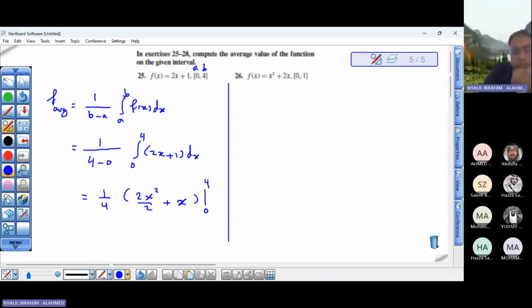We have cancellation here, as you see, cancellation to 2. Then substitute in the upper: 4 squared plus 4, minus 0 squared plus 0. This equals 16 plus 4, 20.